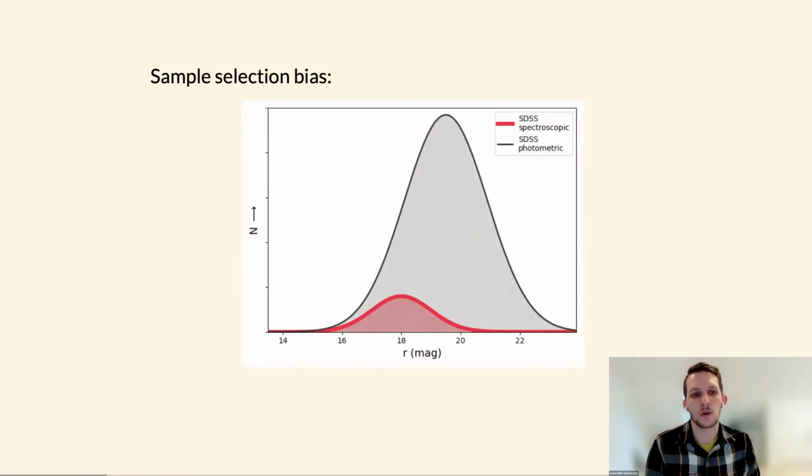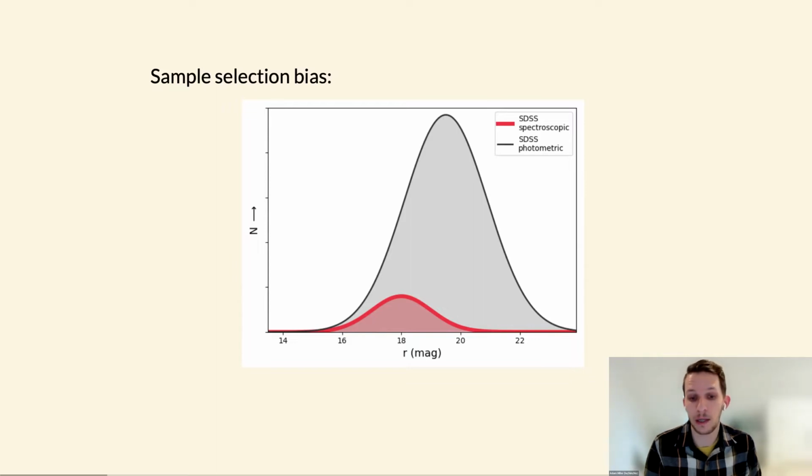I mentioned sample selection bias earlier, but here's a graphical representation of what I meant by that. This is not perfectly accurate; it's more just to be illustrative. For the very famous Sloan Digital Sky Survey, there was both a spectroscopic and a photometric component of the survey.